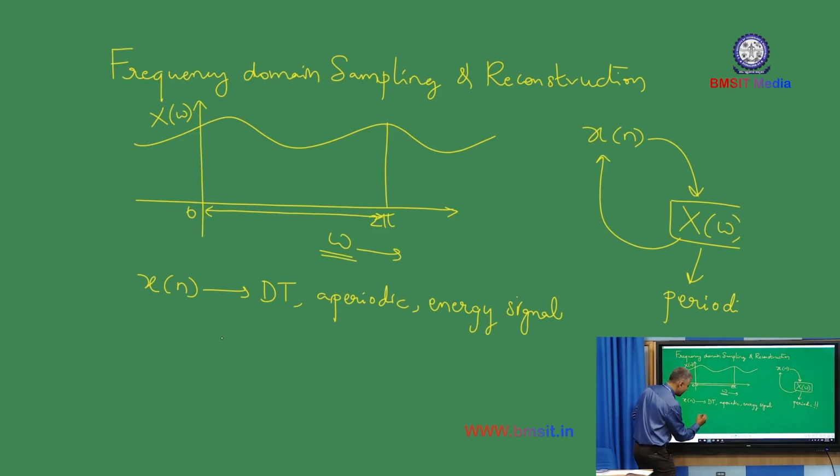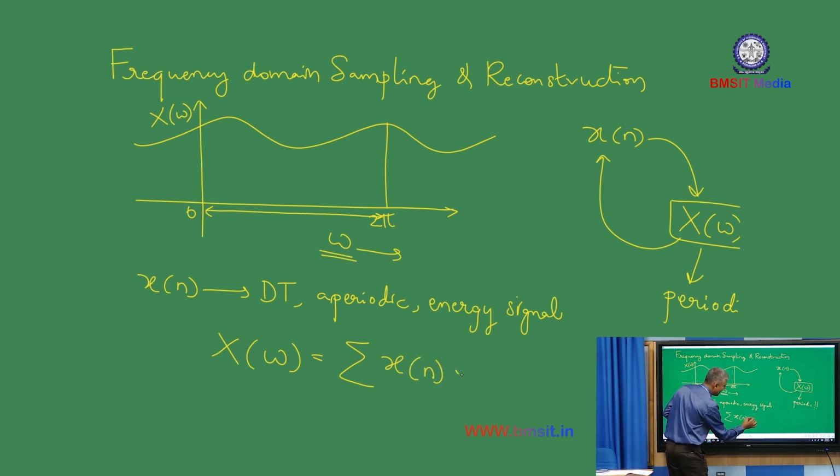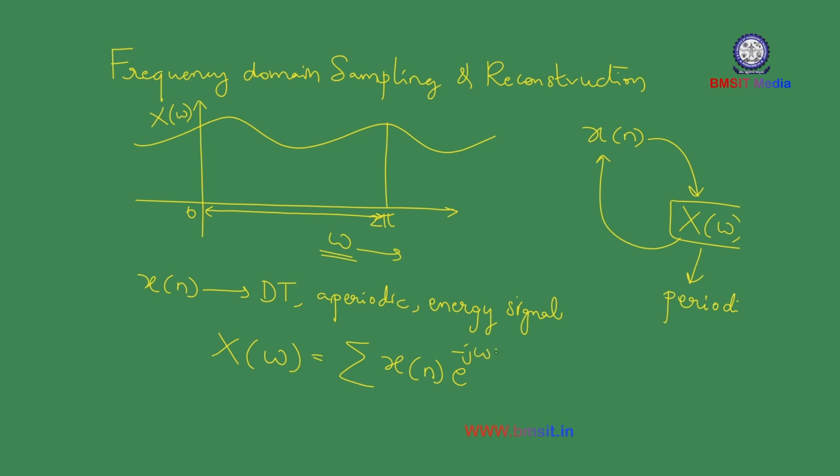The Fourier transform is given as x of omega equals summation of x of n e raised to minus j omega n, n equal to minus infinity to plus infinity.